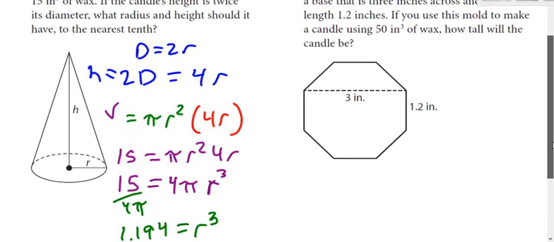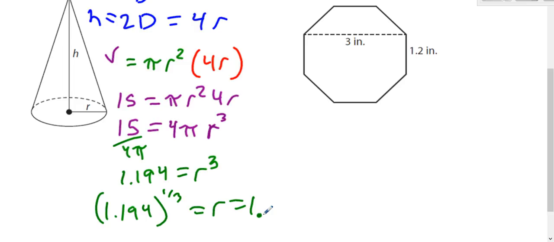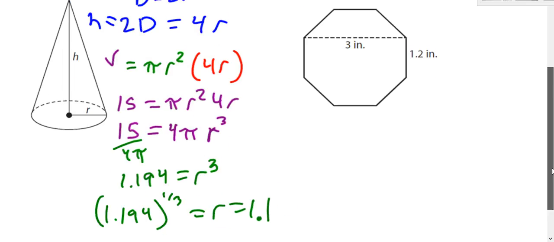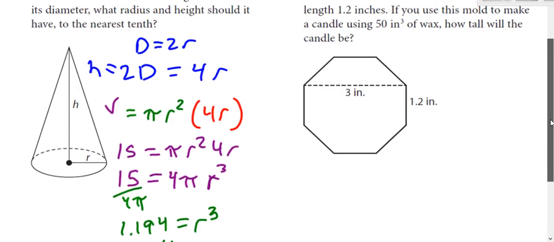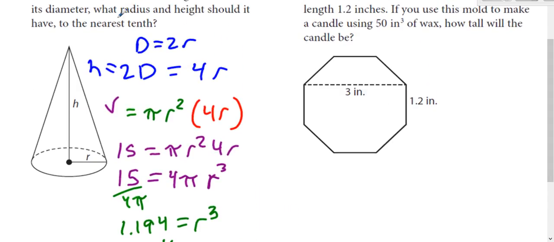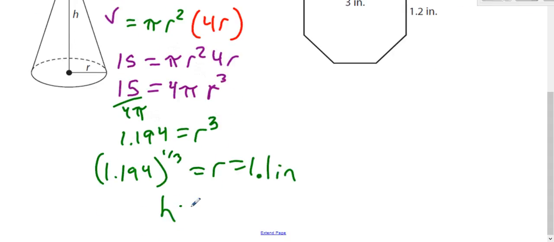I think it says the nearest tenth, so 1.1. So the radius is 1.1. The height we found a long time ago is supposed to be 4 times the radius. So 1.1 times 4 is 4.4.